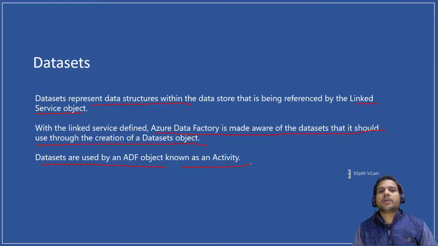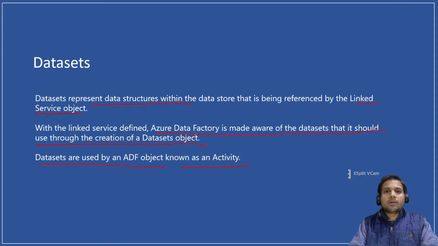Now, when we are creating a dataset, we are referencing a table which is stored in that server, right? This dataset will not actually contain the data itself; rather, it will contain the hierarchy, I would say metadata, like what the structure of the data is. If you are referencing a table, how many columns are there, so that it can map that dataset when we are doing the transformation.